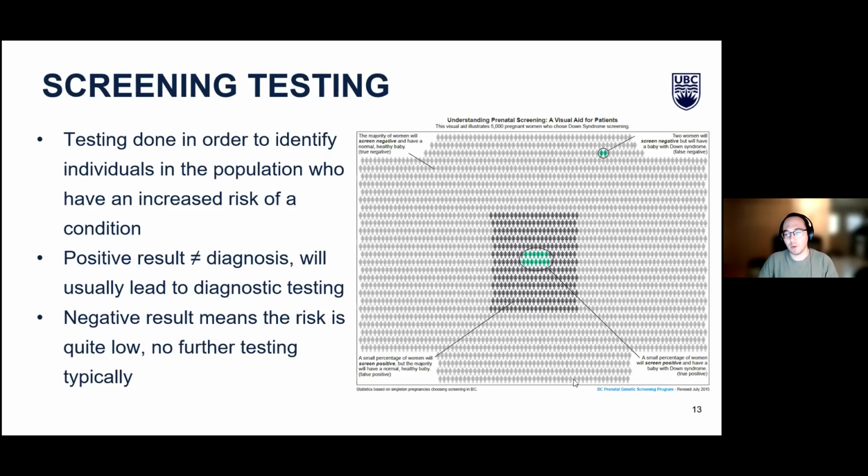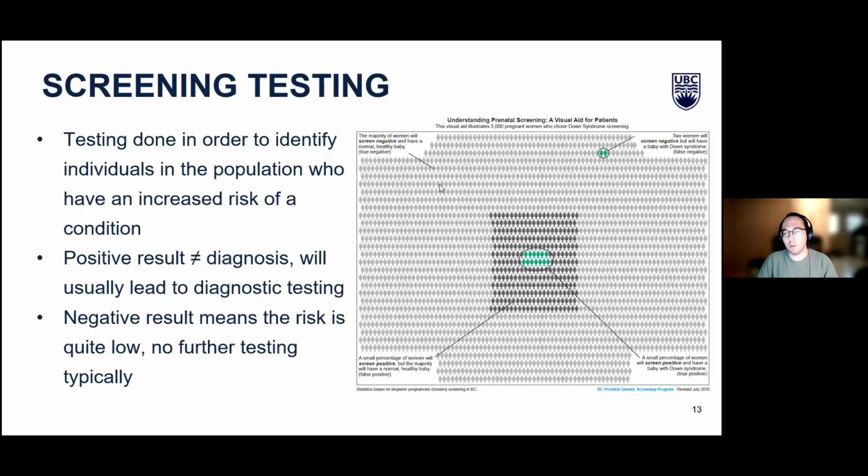So this diagram that I have here is just to try to show that in picture format. And this is actually an example of the screening for Down syndrome, which is something I'll talk about soon. So as you can see here, all of these gray figures are those that were screened negative for Down syndrome and also do not have Down syndrome.